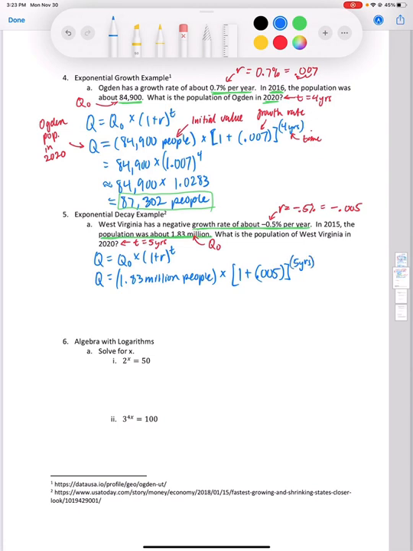Okay, great. So again, this is what we're looking for is Q, the West Virginia population in 2020. And then I'm going to see what equals, so I start with my initial value, which is 1.83 million.